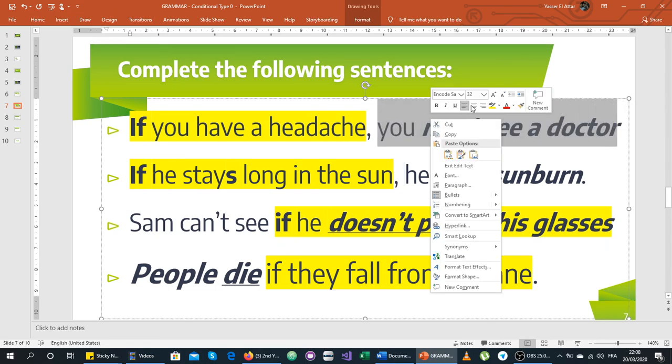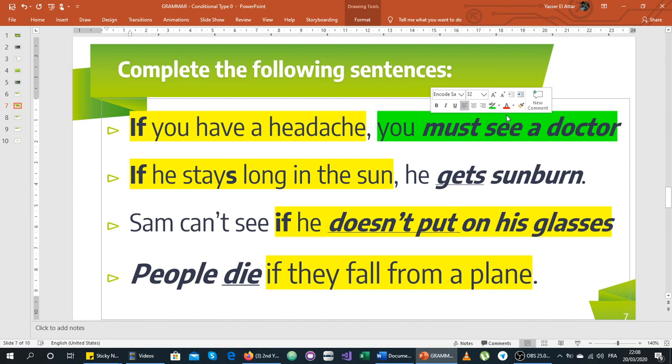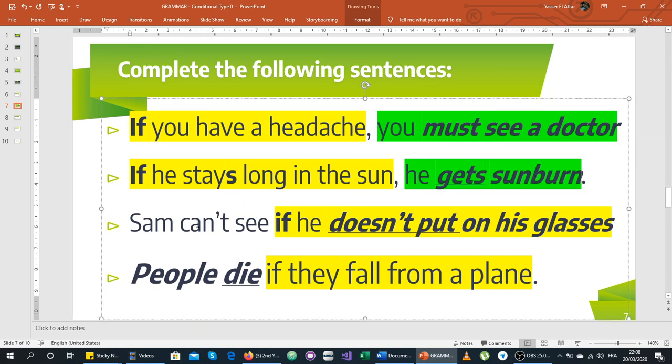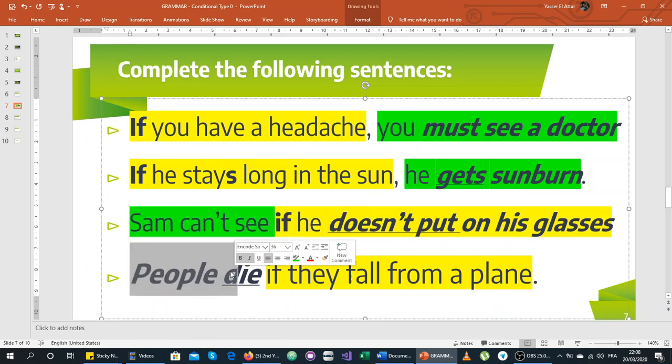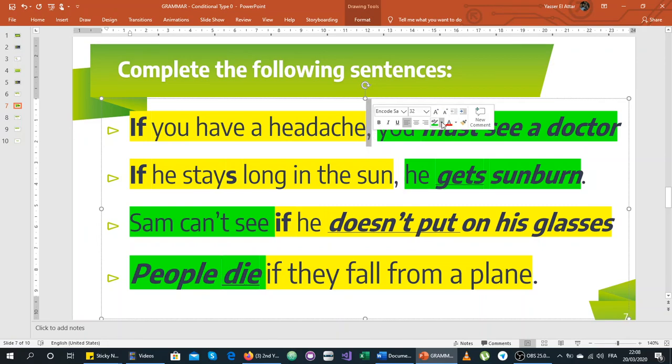So let's see the main clause. I will choose green. I love green. So I'll put green here and here and here, because this is the main clause. It's the main clause because it doesn't have if. If you see here, we have a comma. I will put it in red.